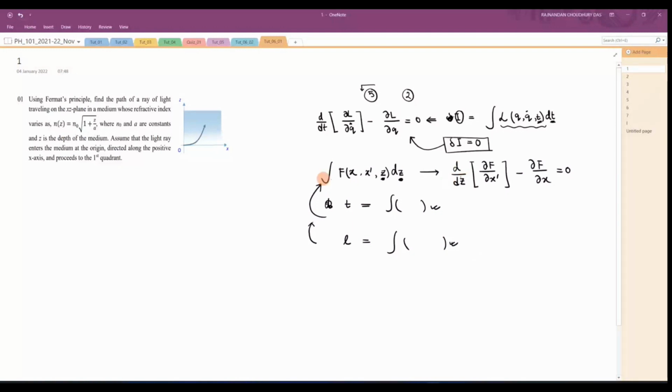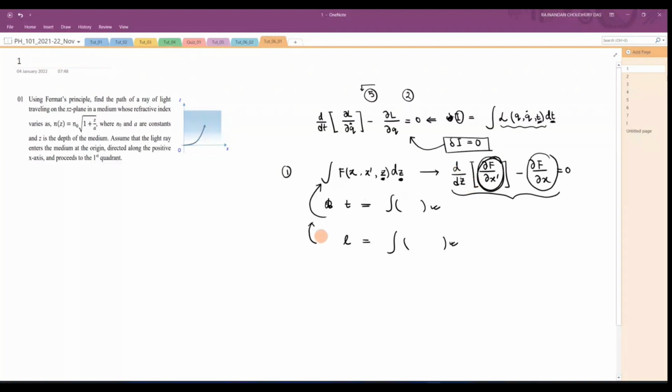Now look at this. When you get an equation like this, if this term becomes 0, then the equation is very simple to solve. We can simply put that this part is constant. This is one point.